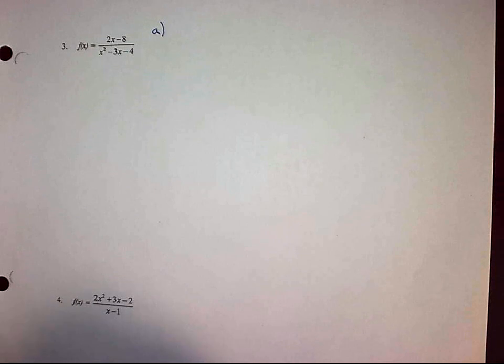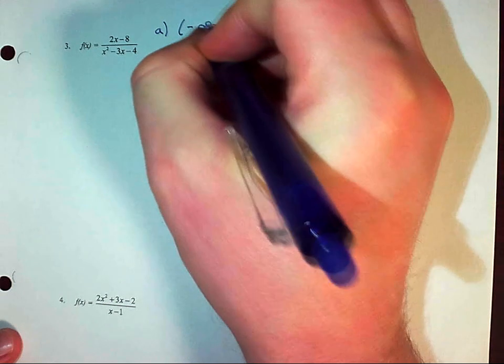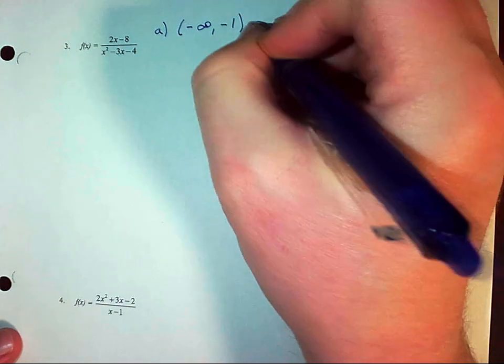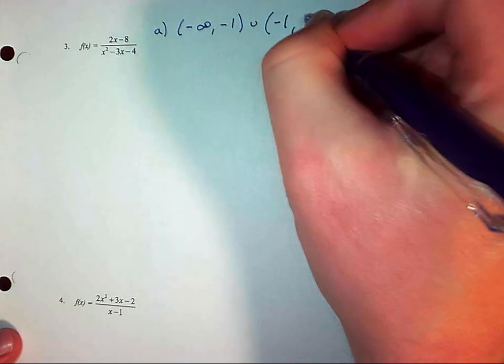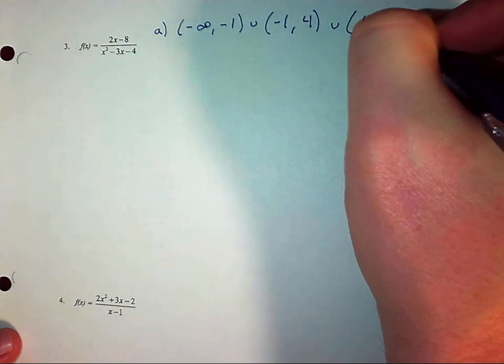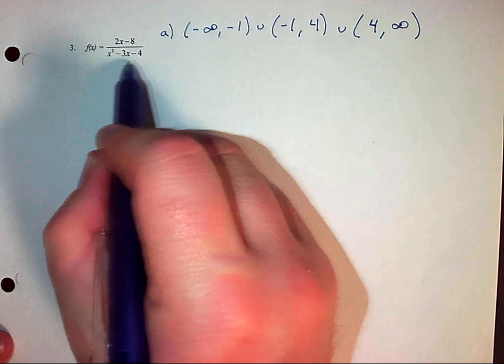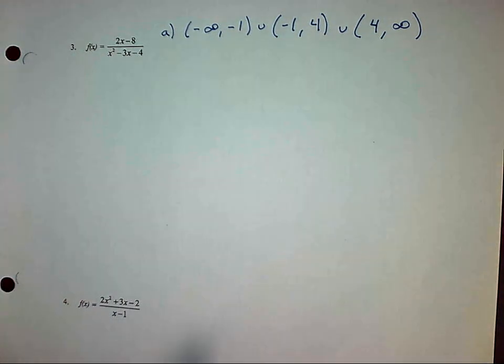So it's going to be -4 and +1. That means that we can go from -infinity to -1, union that with -1 to 4, union that with 4 all the way up to +infinity, right? Because we factored our denominator and we figured out what values are going to make our denominator equal to 0.